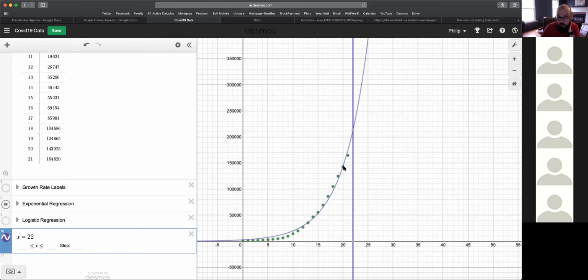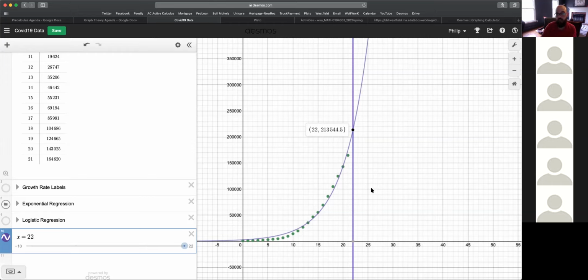You can see the differences here: it's going up by, say, 20,000 cases and then another 20,000 cases. If this exponential growth continued, we would expect to see 213,000 cases tomorrow.